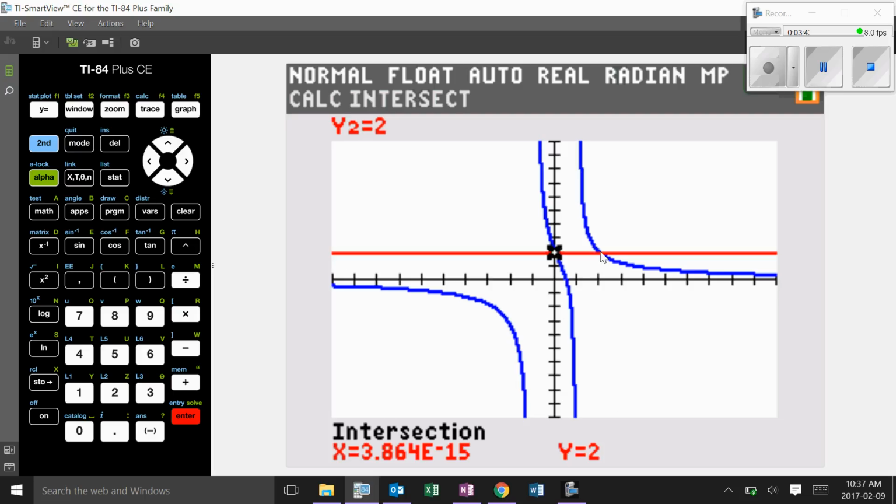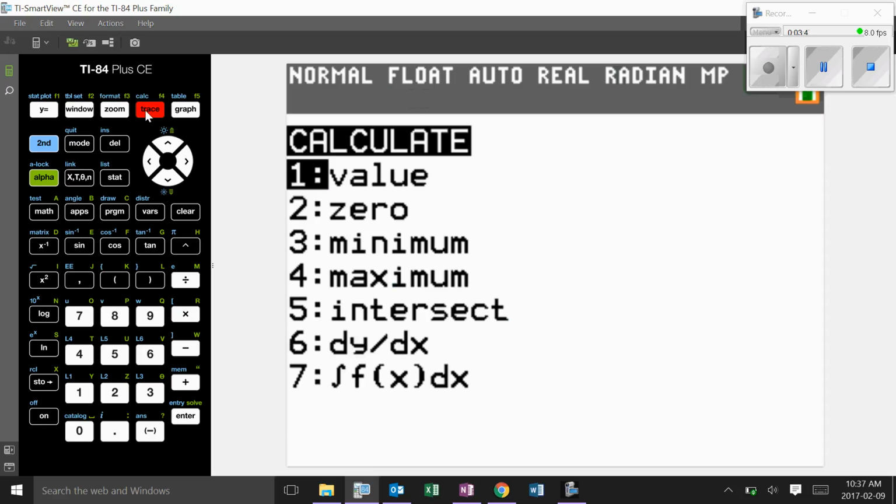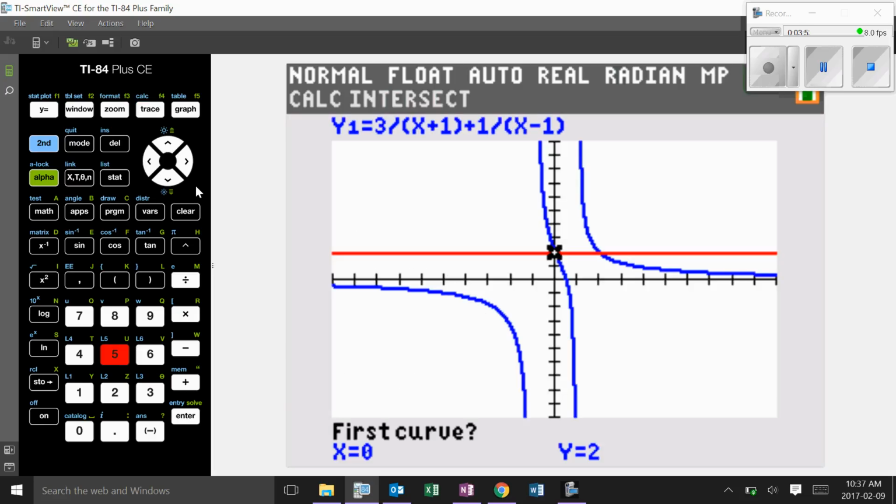So the second point will be here, so let's take a look at that. So second, calculate or trace, again, fifth option, and the first curve, so we want to move this closer to that intersection point. So there we have it. And then again, there it is on y2 is equal to 2, close to that intersection point. Take a guess.